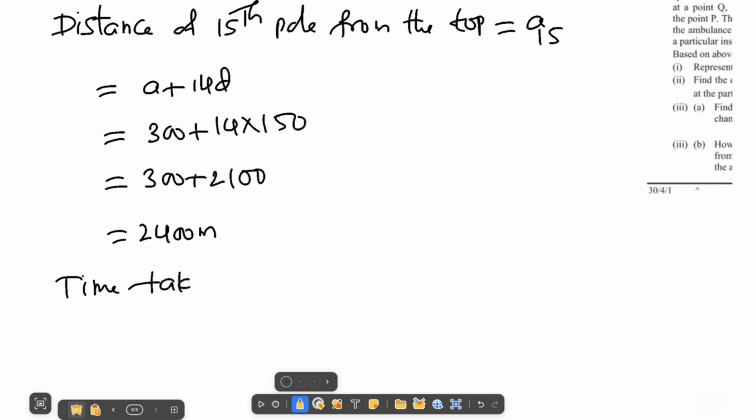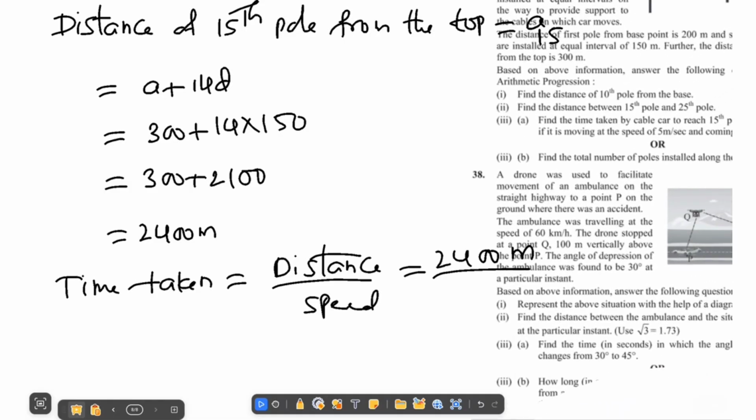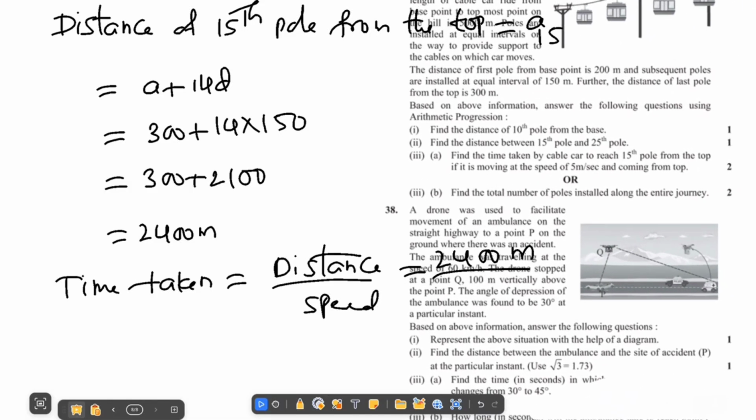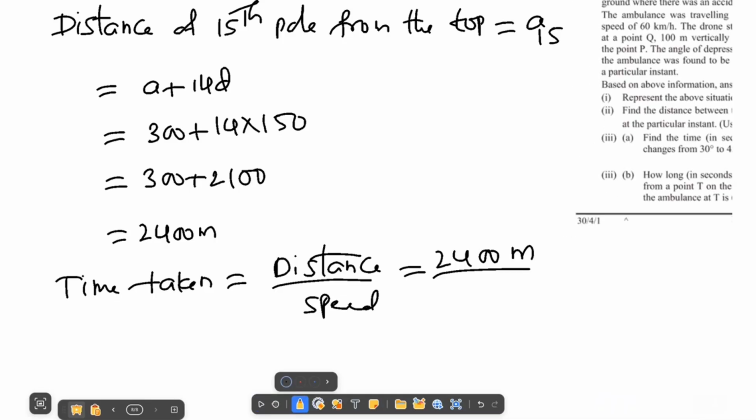Time is nothing but distance by speed, right? So the distance here is 2400 meters, and the speed given here is 5 meters per second. So 2400 by 5.